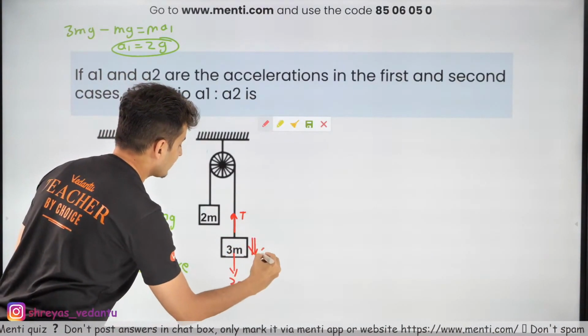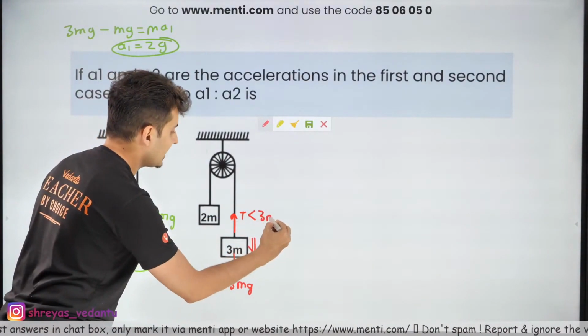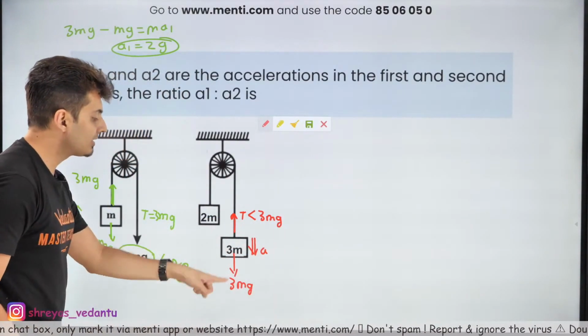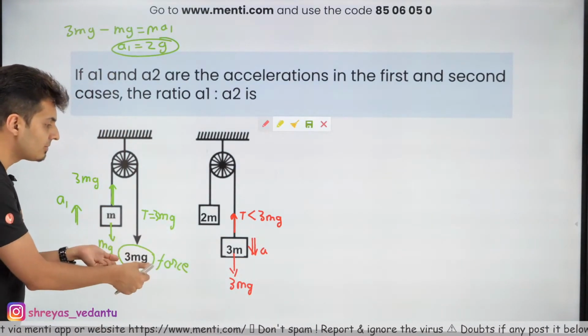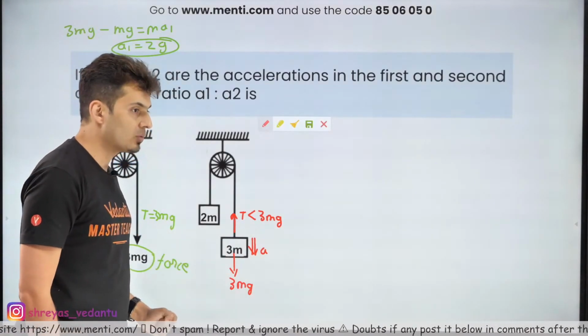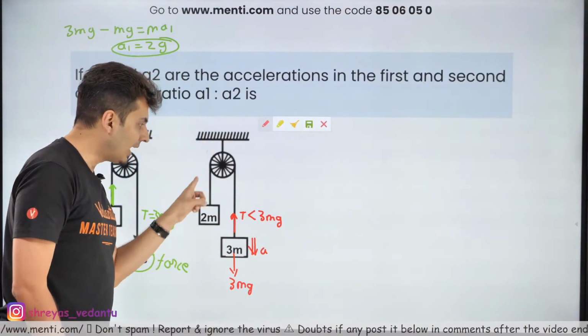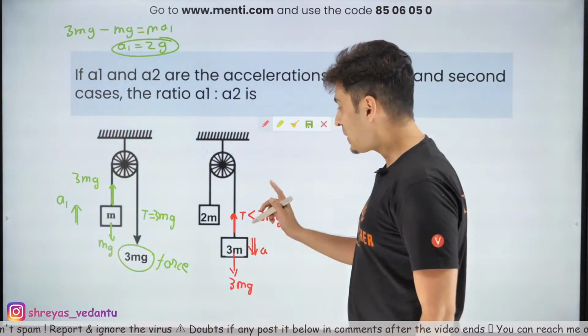This mass will be accelerating down. Therefore, this tension will be less than 3 mg because there is acceleration. So, replacing a force of 3 mg or any mg is not the same as putting that same mass over here, because the force via that thread will be less. Keep this in mind.